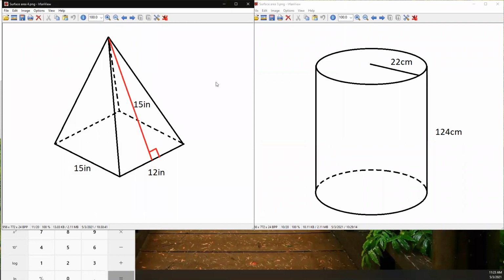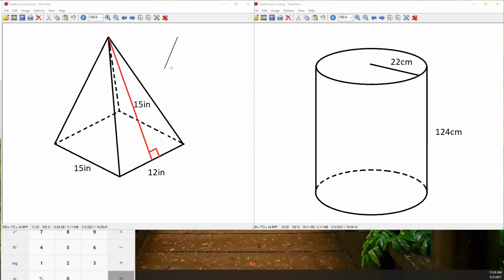I think I'll skip the pyramid because I think you get the idea. In terms of this pyramid, we would break it up into the 4 triangle faces, and then the base, which is a rectangle. All of the triangles have a height of 15, according to this line.